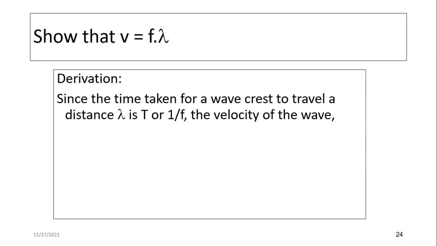Since the time taken for the wave crest to travel a distance lambda is the period T, or T equals 1 over f, we use our velocity, remember, no acceleration. This uniform velocity is just distance divided by time. So if we travel a distance lambda, the time is one period, then lambda over T. So 1 over T is your frequency. That's how we derive f times lambda.